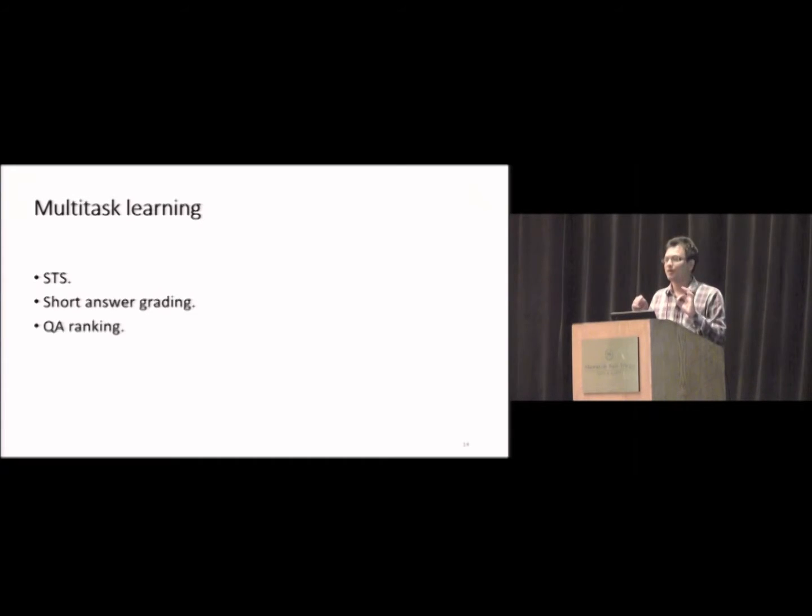For each task we actually have multiple domains. So what we are trying to train here is a single model that can tune its behavior to a particular task-domain pair.